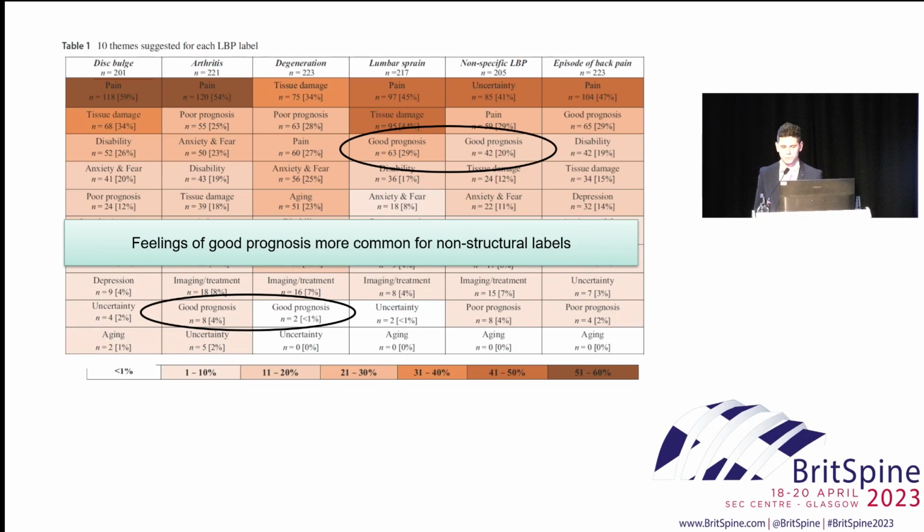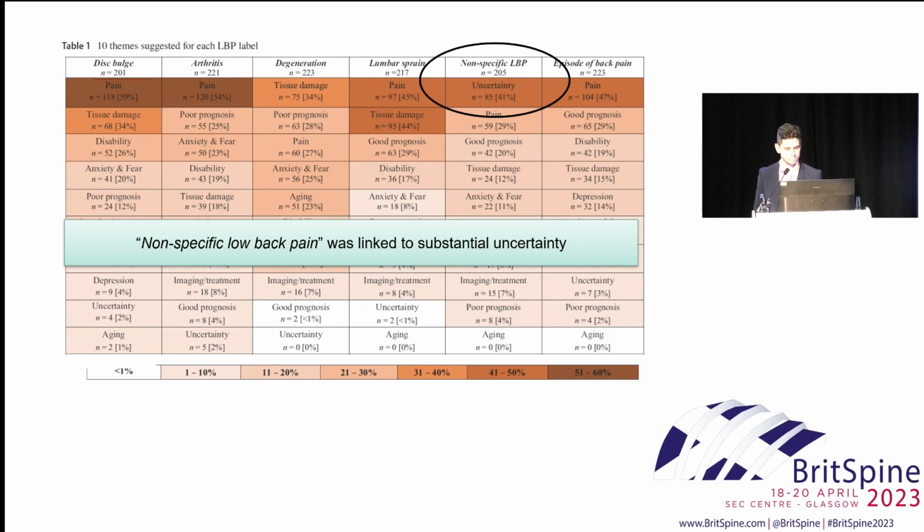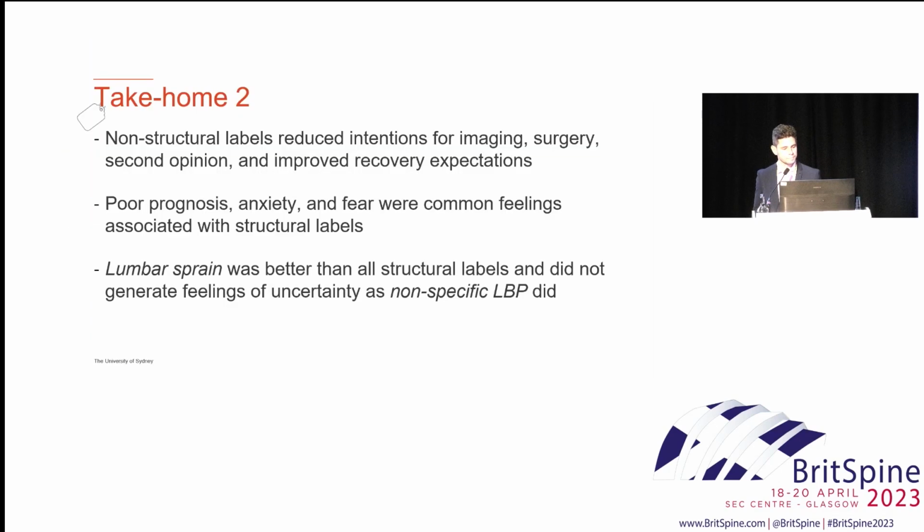So again, in the order of 20 to 29% for lumbar sprain and non-specific low back pain, compared to a much lower proportion, 4% and 1%, in arthritis and degeneration. And importantly, non-specific back pain generated a lot of uncertainty feelings amongst the patients in our study, which I think is a very important finding.